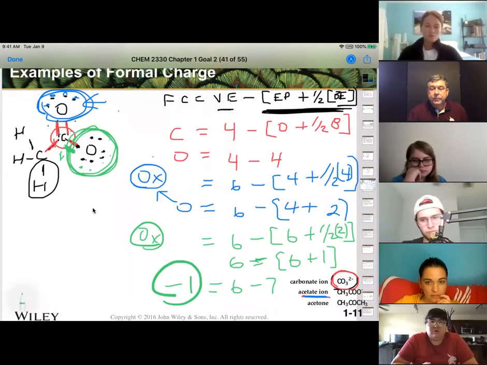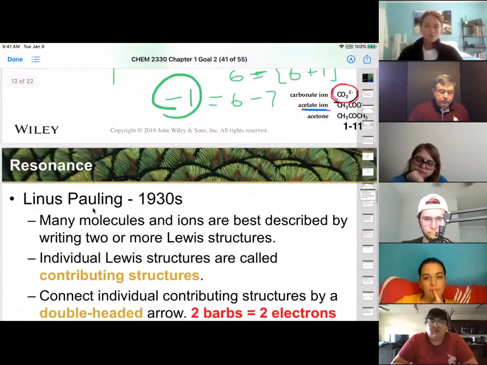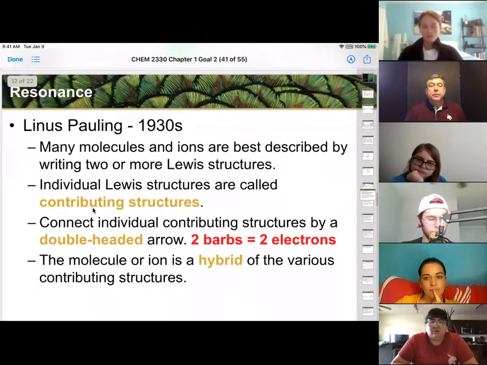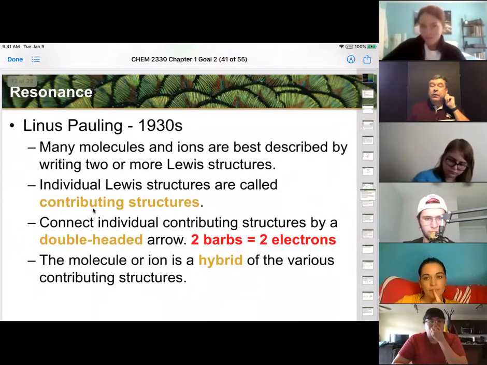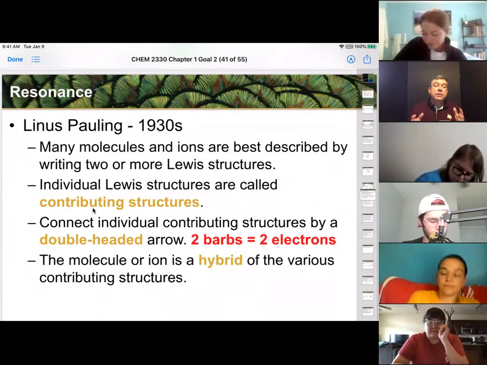So let's move on to the next thing. The next concept we're going to talk about that involves these Lewis dot structures is what we call resonance.